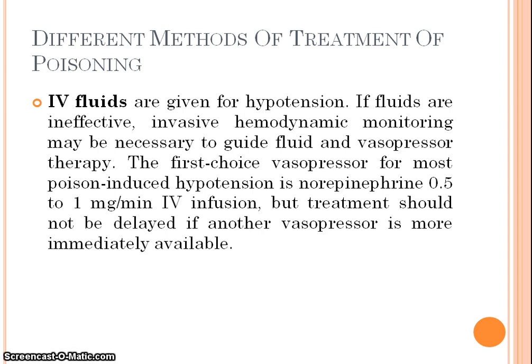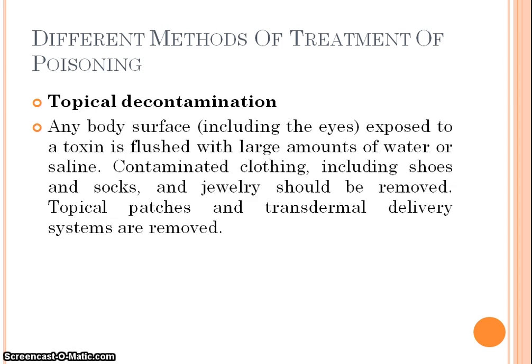The first choice vasopressor for most poison-induced hypotension is norepinephrine, 0.5 to 1 milligram per minute intravenous infusion, but treatment should not be delayed if another vasopressor is more immediately available.